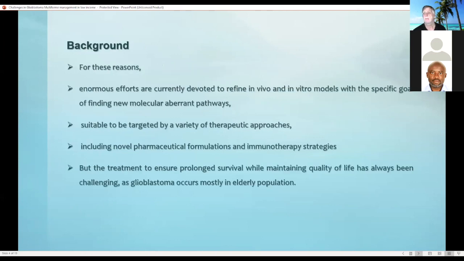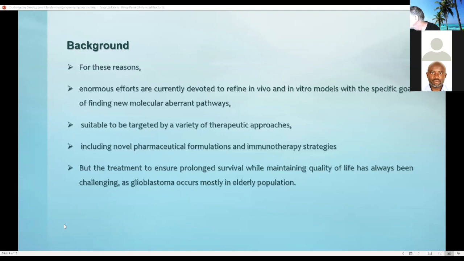For these reasons, enormous efforts are currently devoted to refining in vivo and in vitro models with the specific goal of finding new molecules and aberrant pathways for GBM, suitable to be targeted by a variety of therapeutic approaches, including pharmaceutical formulations and immunotherapy strategies.